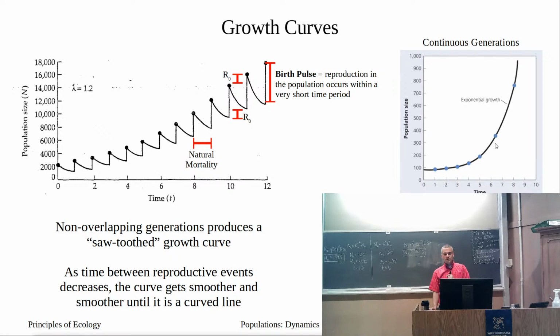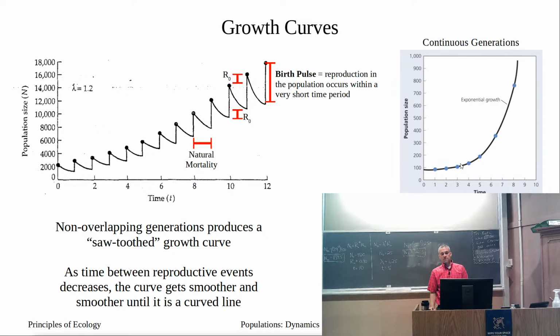So if we change this smooth line and just give it jagged, we can have very, very fine teeth on it. We see our birth pulse, see the natural mortality. But if the time between that is very, very small, then it looks like we have this smooth curve.